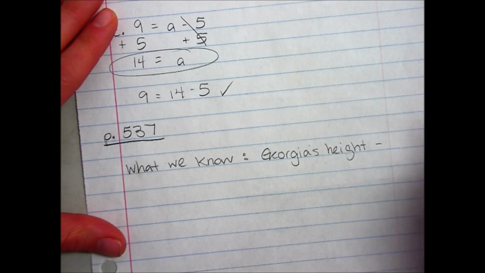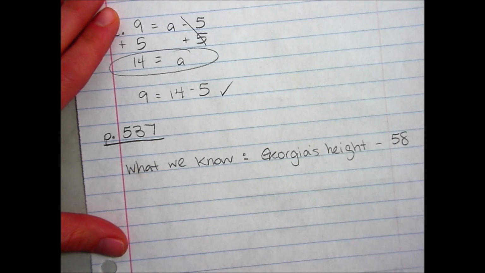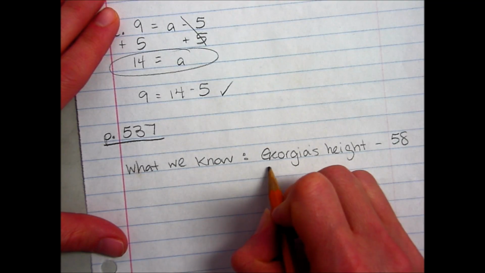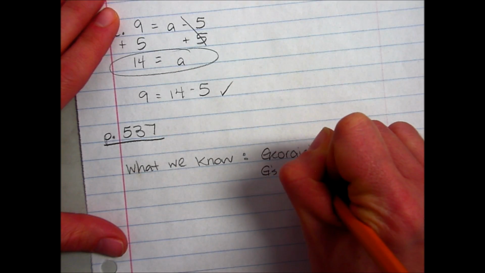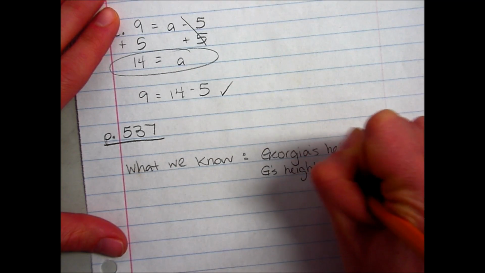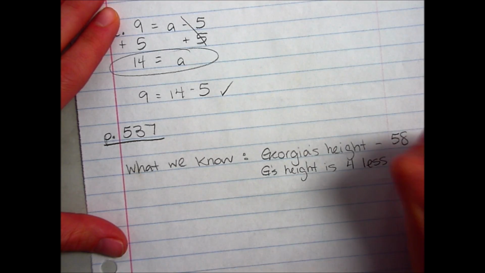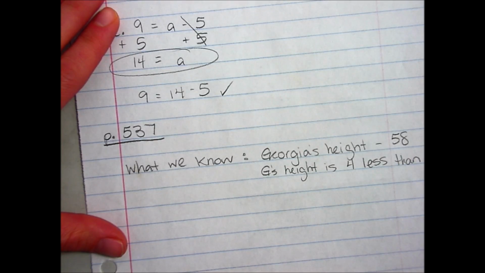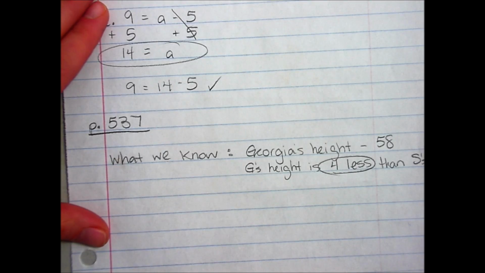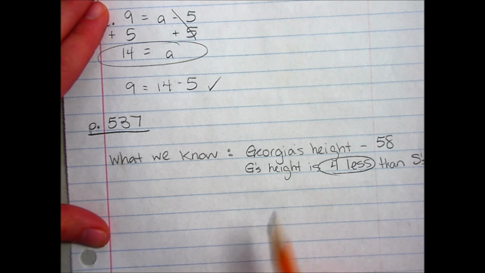And we know it's 58. All right. We also know, I'm going to write G for Georgia's. And this is going to be important. That 4 less, that's important. We also know that Sienna is taller.